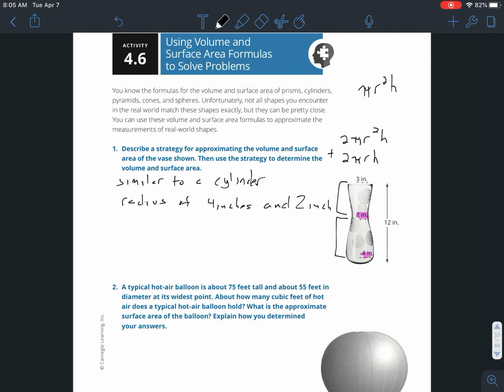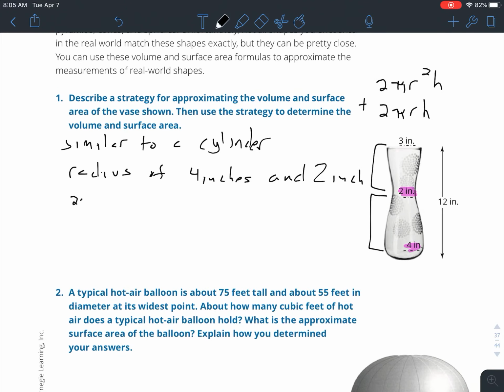So we can find this out. So if we type in, let me just zoom in, 2 pi, we'll go with 4 squared, and since we're going to do 4, we're going to times it by 12 for height, plus 2 pi 4 times 12 again.